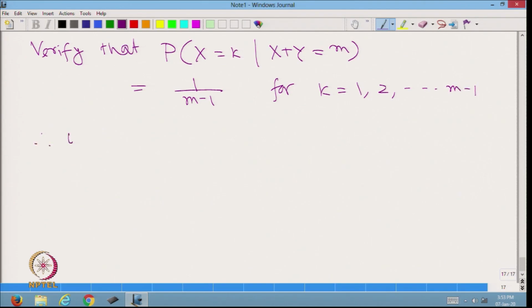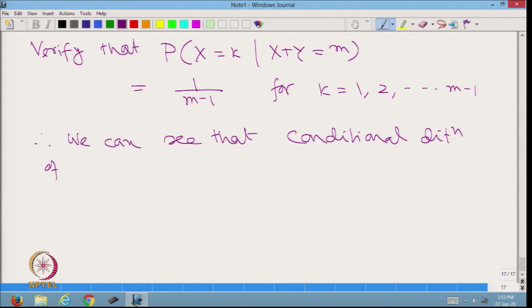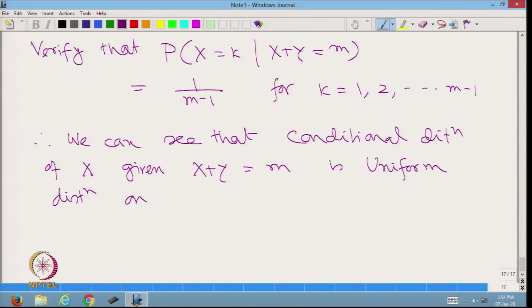Therefore, we can see that the conditional distribution of x given x plus y is equal to m is uniform distribution on 1, 2 up to m minus 1.